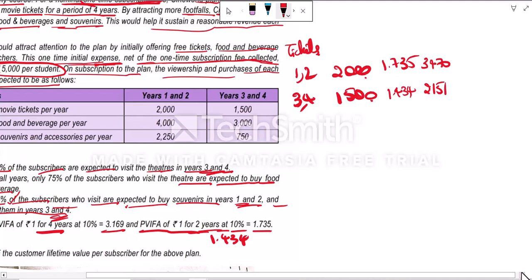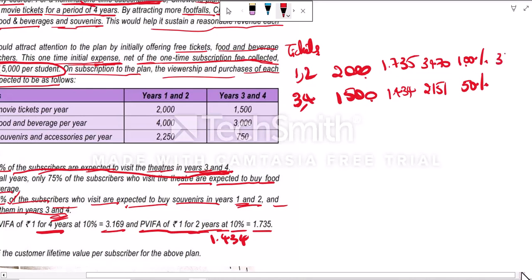That is 2,151. But they said only 50% of subscribers are expected to visit the theaters in the third and fourth years. So let it be 100%; in that 100%, only 50% will visit in the third and fourth years.